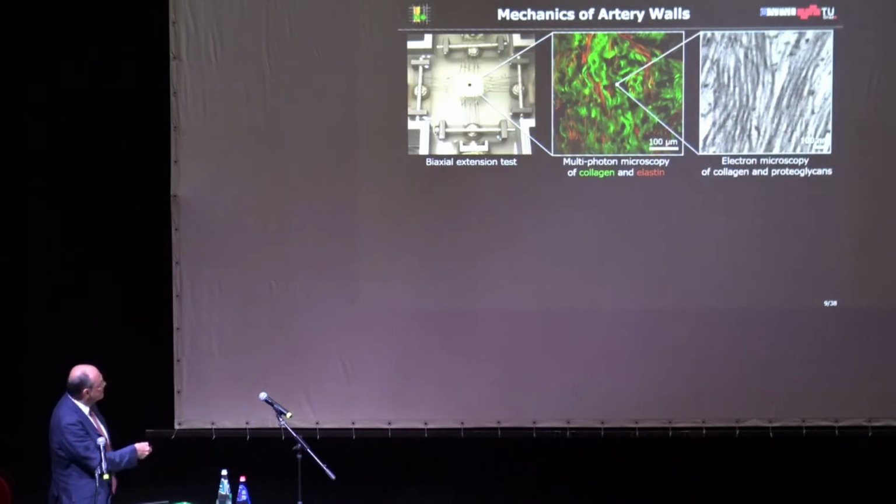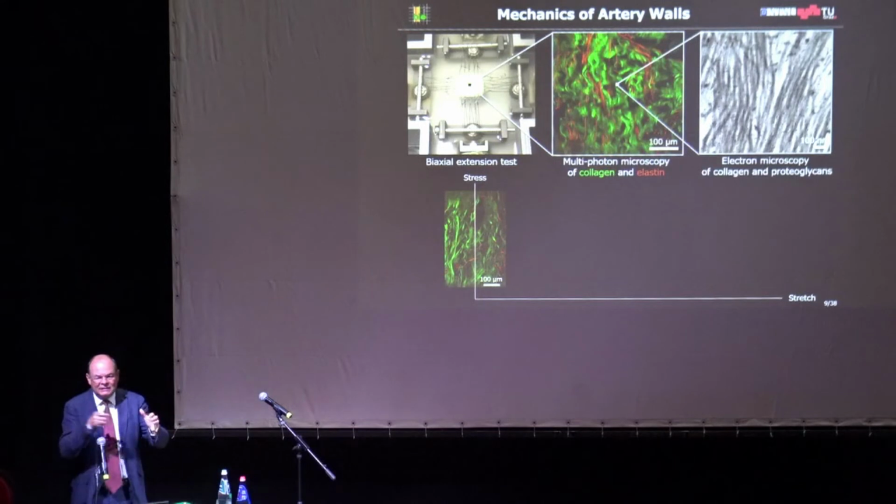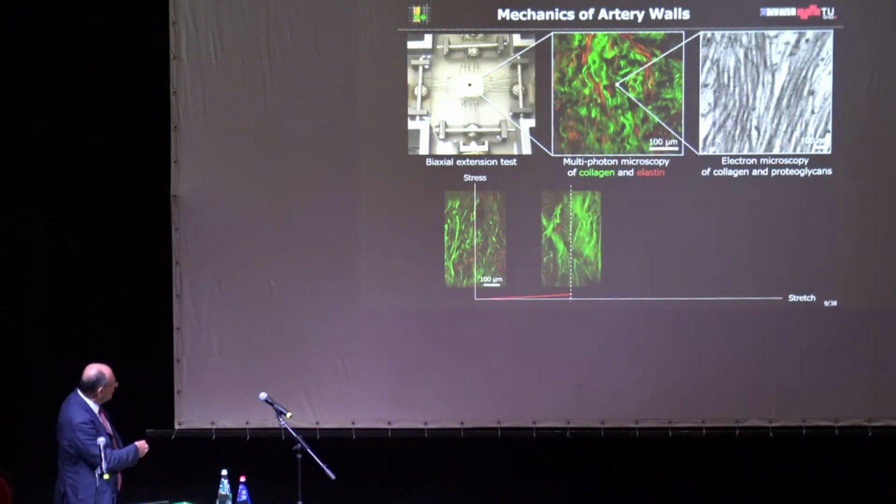And this is the nanoscale, where I have these fibrils of collagen, and these black dots are the proteoglycans. So when you stretch this tissue, this is the unloaded state, you see in the unloaded state, it's very wavy. This collagen is really completely disorganized. But then, this is a stress versus a stretch.